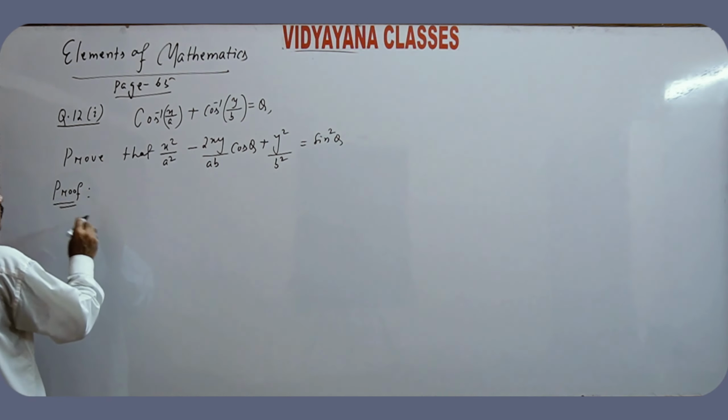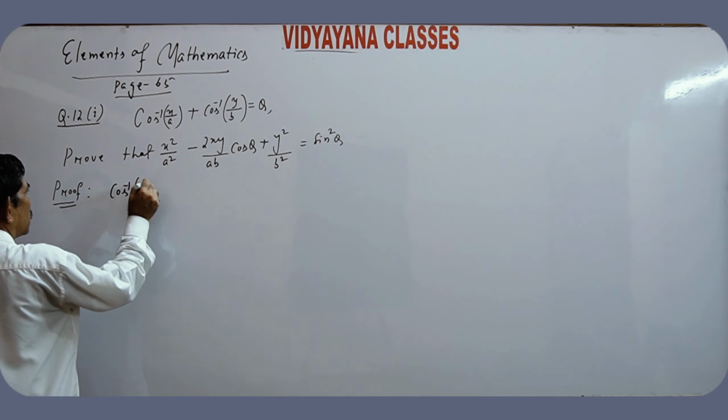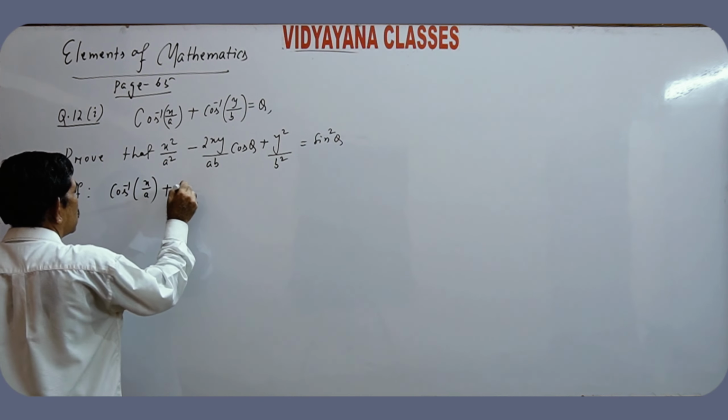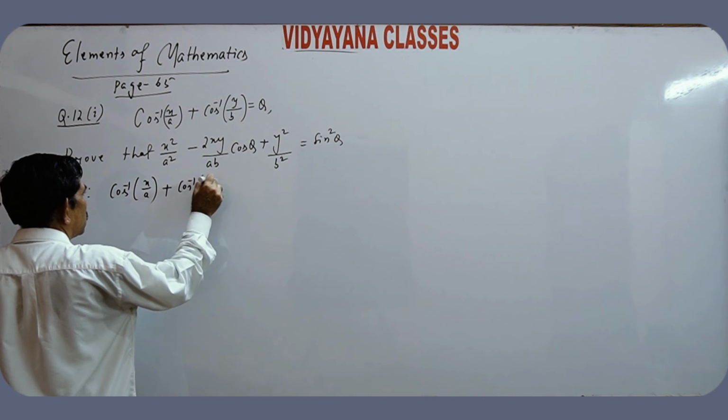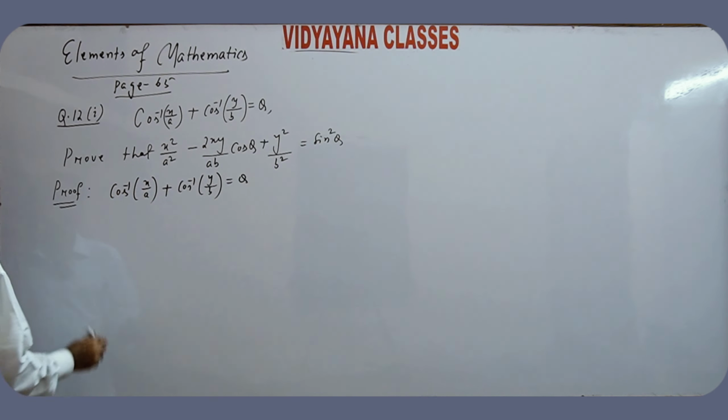Prove: cos inverse x by a plus cos inverse y by b is equal to theta, which implies this.